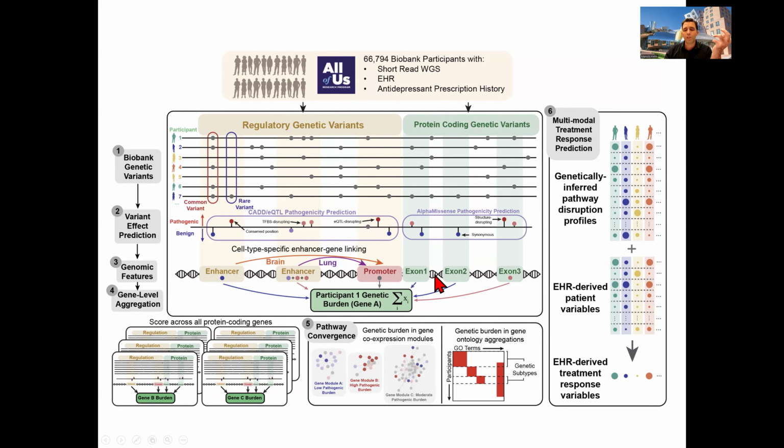How are all of the mutations in the protein coding region of a gene accumulating disruptions of its function? How are all of these mutations across individual motifs, enhancers, promoters, exons, adding up to a total burden for a given gene? And how is that adding up across all of the genes in a given pathway?